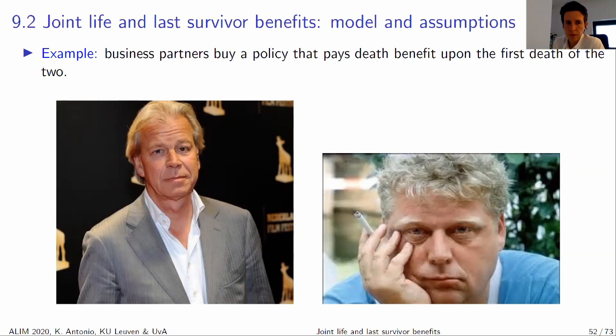And the illustration here is in fact an example of the kind of products that we're interested in at this point in the course, because they really had this kind of business partner insurance product. But at the time of the assassination of Theo van Gogh, several years ago, the insurance company refused to pay the benefit because his death was considered an act of terrorism, which was at that point excluded from the policy conditions.